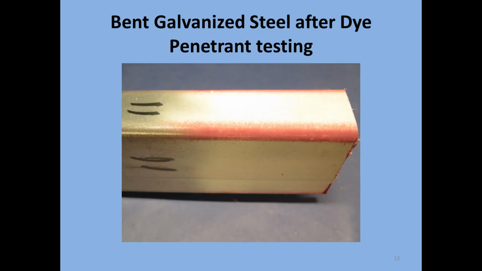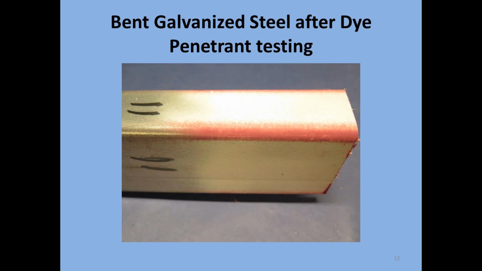So something else that most people aren't aware of is that galvanized steel is a great thing above ground, but underground it doesn't always last too long, depending on the soil types and so forth. But the other thing to keep in mind is that when you bend galvanized steel, you can be causing damage.